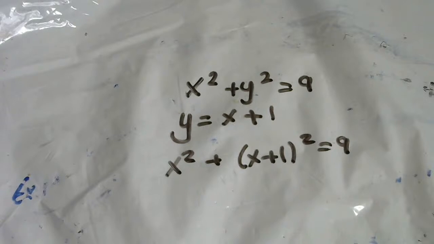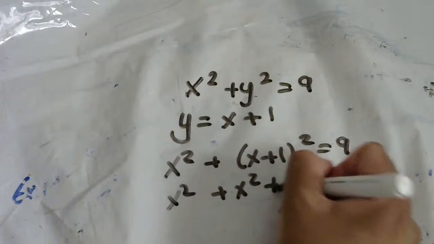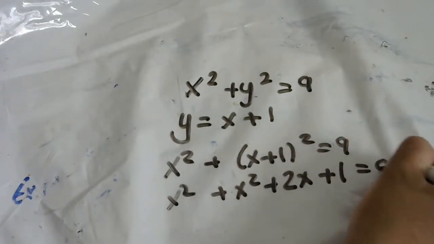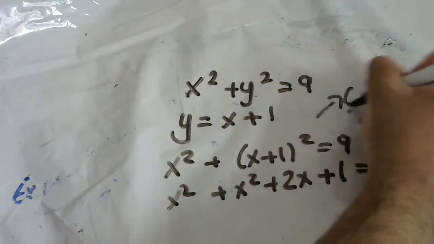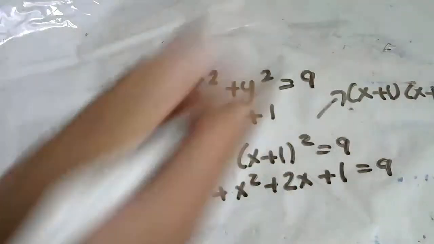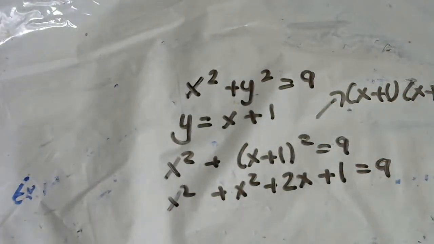Okay, what do you do then? You expand the bracket, and you go x squared plus 2x plus 1 equals 9. You wonder, where did that come from? This bracket here is just x plus 1, x plus 1. So if you know how to expand brackets, that's literally all I've done there. I've said this is that is that. All right? Hopefully that makes sense to you.